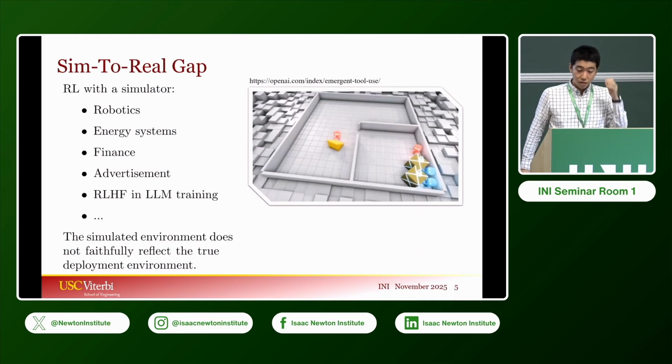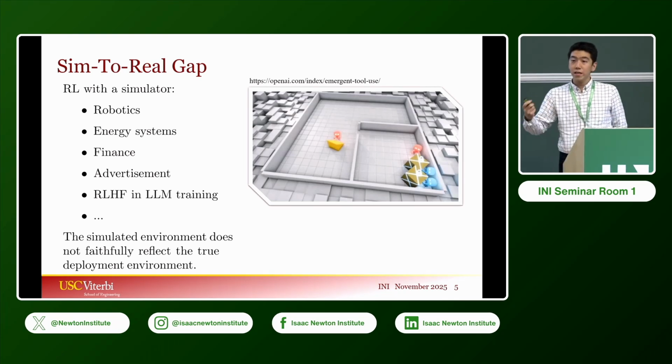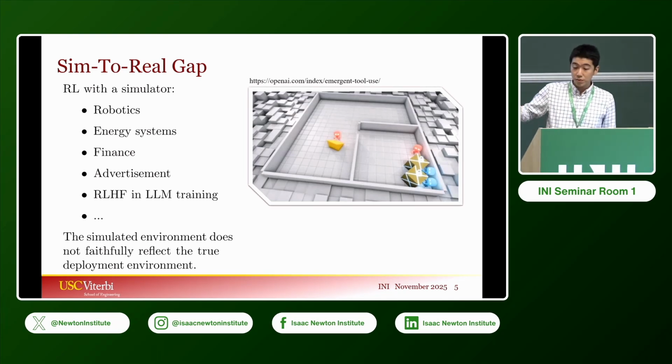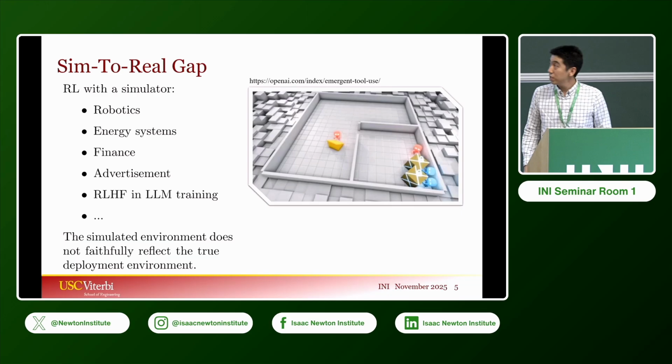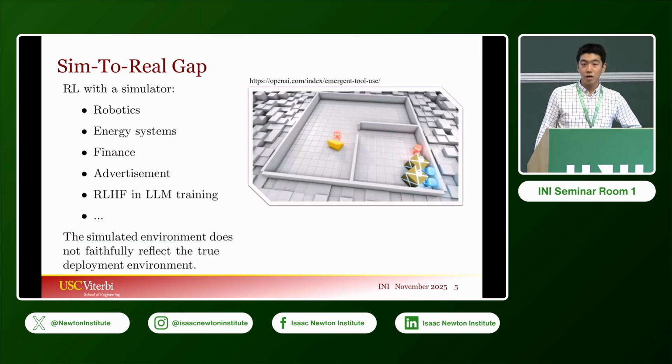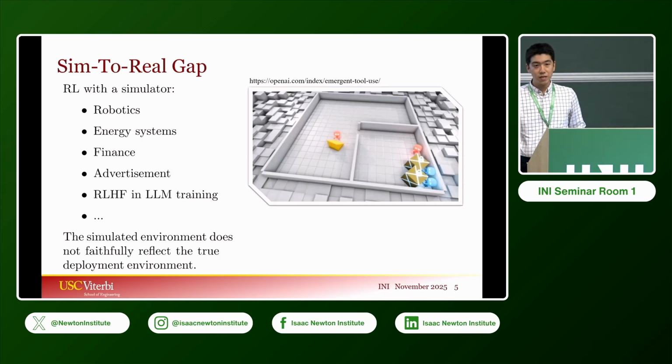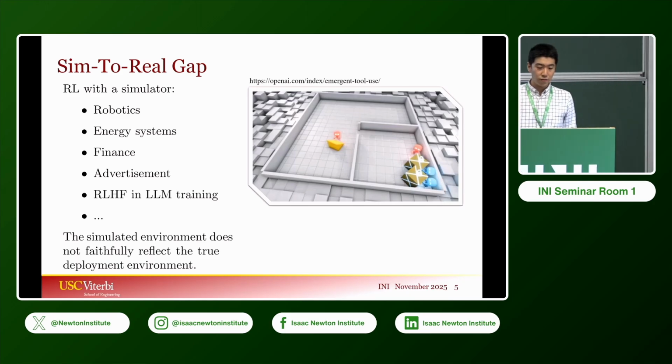Another concern of applying these MDP frameworks stems from the reinforcement learning community, where in a lot of applications we want to train RL agents within a simulated environment and try to deploy them into a real environment. Such applications include, but are not limited to, robotics, energy systems, finance, advertisement, and RL with human feedback in large language model fine-tuning.